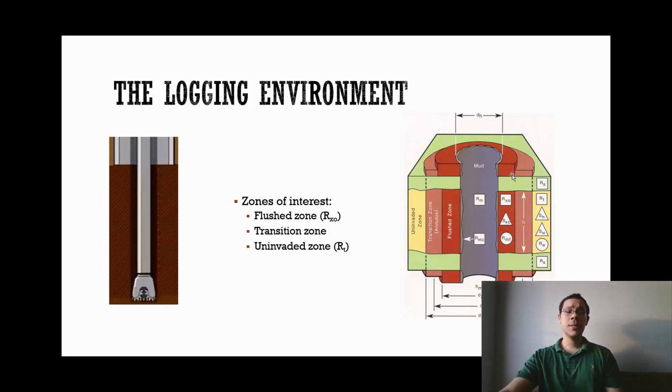So, back to the logging environment. We have our formation, we just drilled it, and we ended up with this hole filled with mud. I want you at this point to pay attention to this value. This is the resistivity of the mud filtrate. The mud that is here is going to enter the flushed zone, and we can measure the resistivity of the mud filtrate at location.